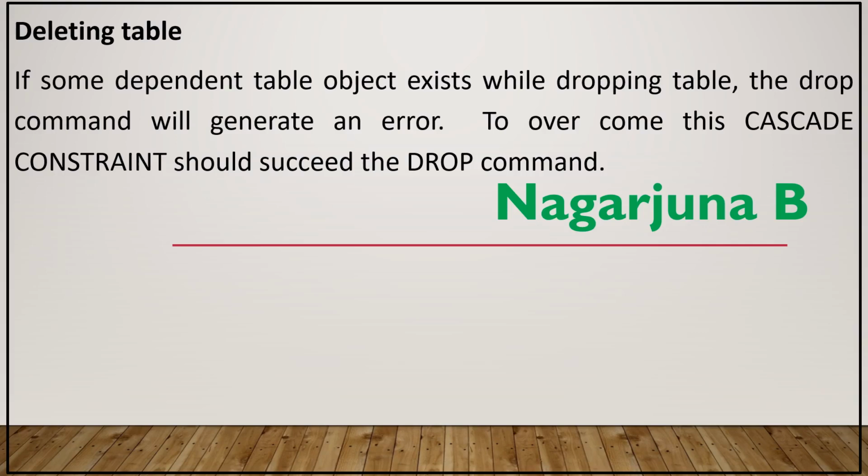For example, with drop table employee, if the employee and department tables have a relationship, established by a foreign key constraint, then in such cases it will generate an error.